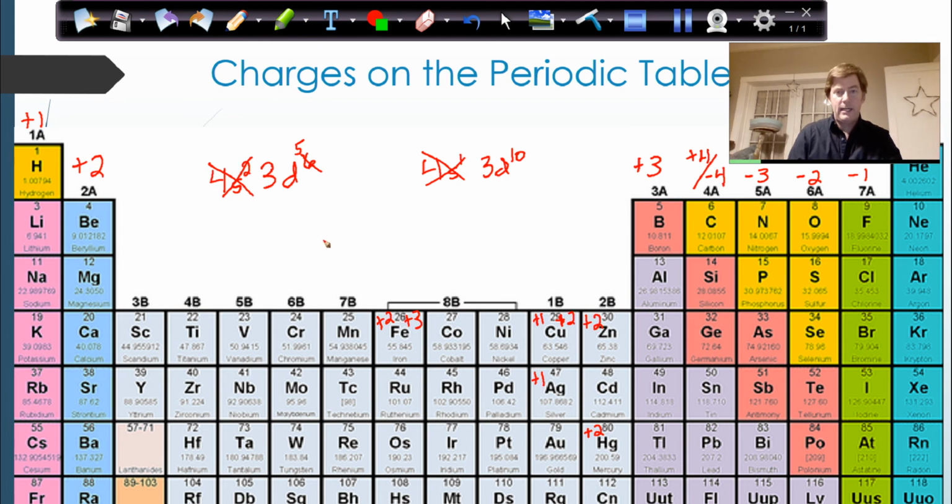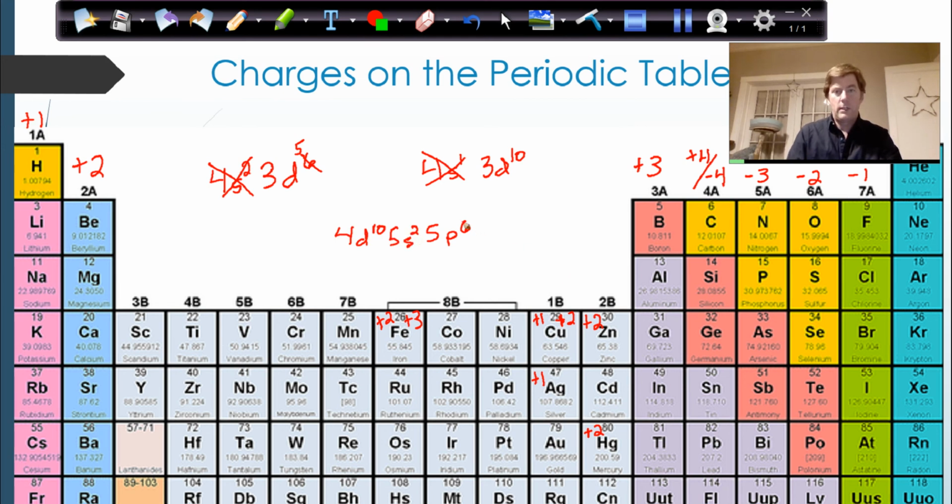Tin has its configuration with the 5S2 and then 4D10 and then 5P2. So as we think about how this is written, and like I said, we wrote it that way, but the reality of how it should be written would be 4D10 and then the 5S2.